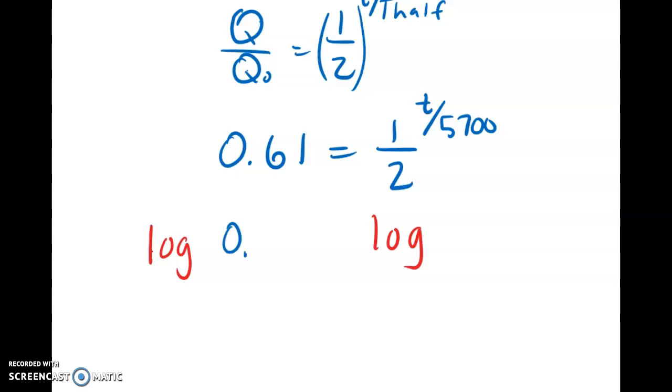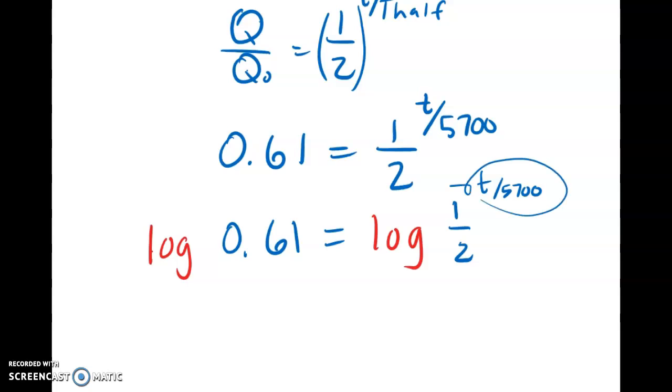When I take the log of both sides, there's a logarithm property that says I can pull the exponent down in front.